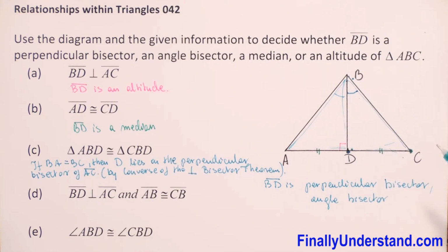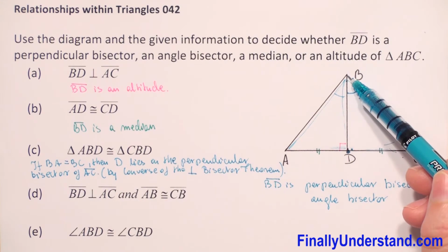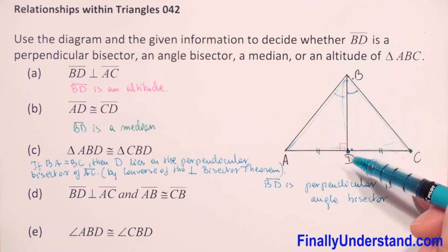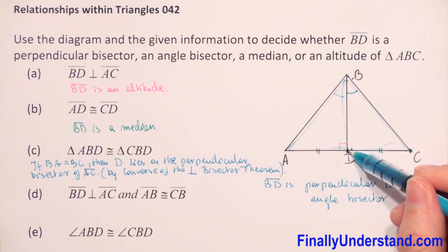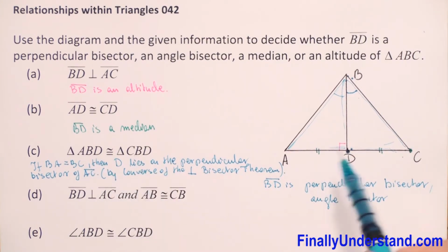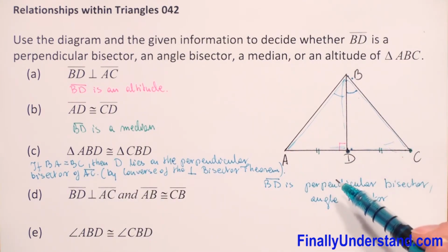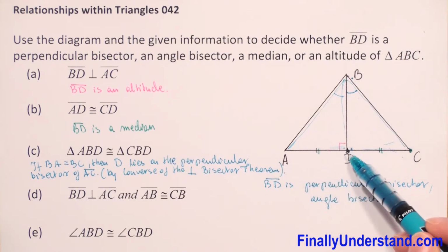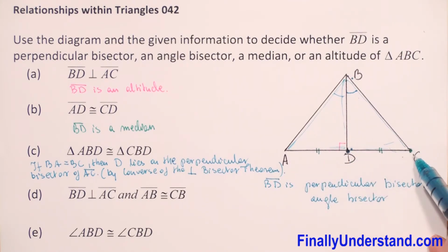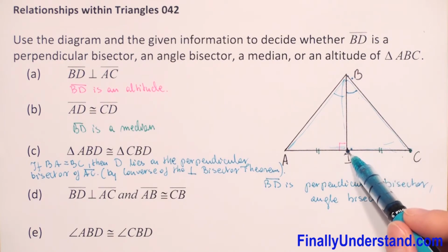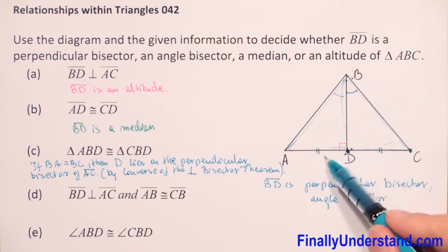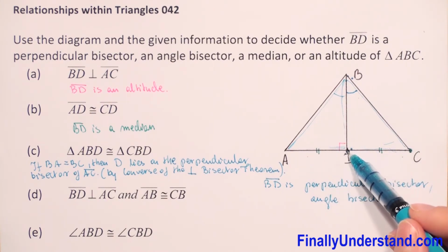What else? We know that a median of a triangle is a segment from a vertex to the midpoint of the opposite side. Because these two triangles are congruent, AD is congruent to CD. If these two segments are congruent, D is the midpoint.